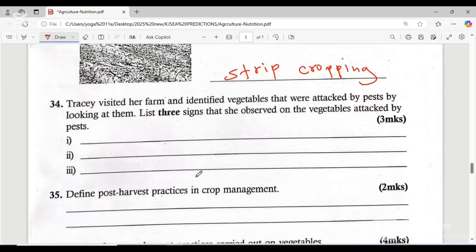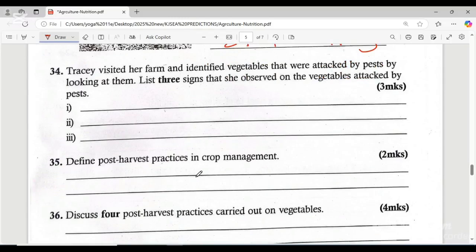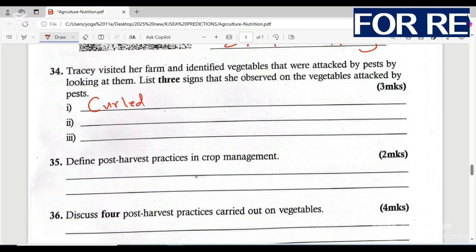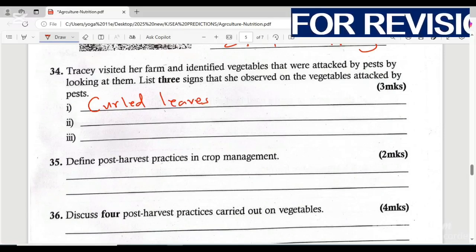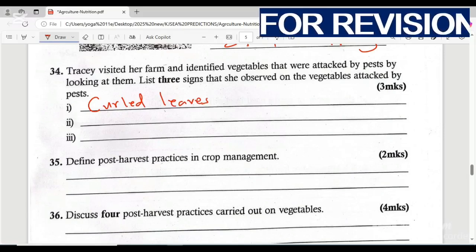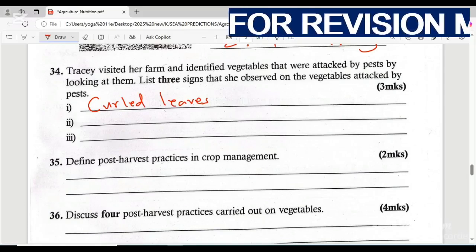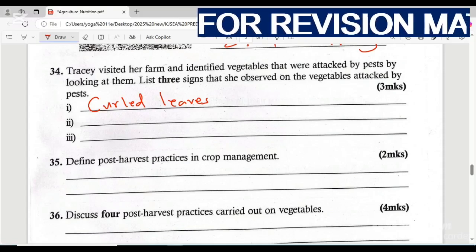Tracy visited her farm and identified vegetables that were attacked by pests by looking at them. Raise 3 signs that she observed on the vegetables attacked by pests. First, the leaves were curled. Second, punctured leaves.